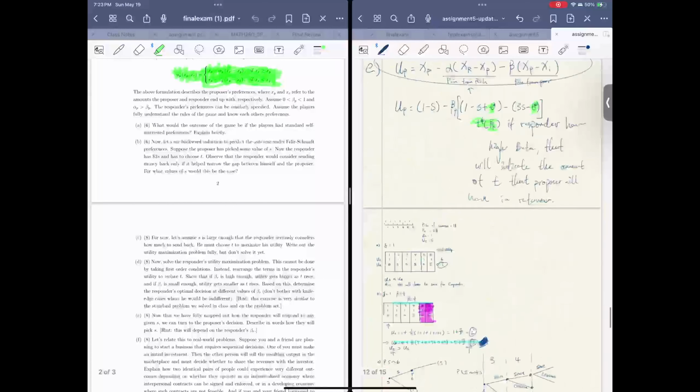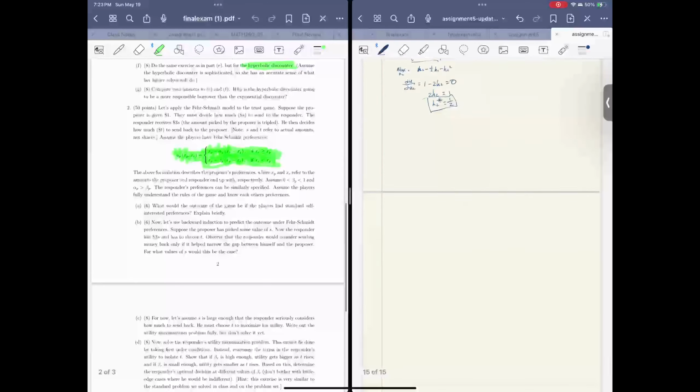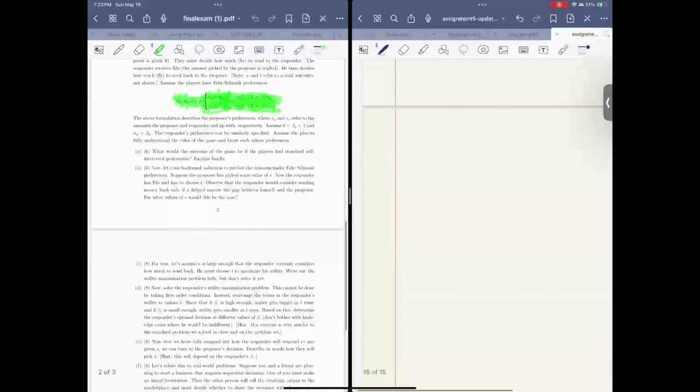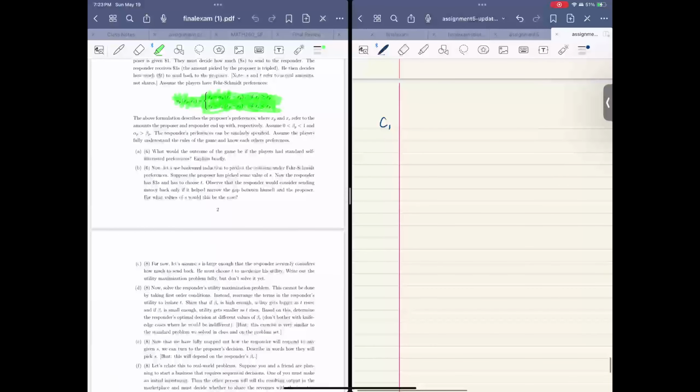Okay, so for C: for now, let's assume S is large enough that the responder will seriously consider how much to send back. She must choose T to maximize his utility. So write out the utility maximization problem fully, but don't resolve it yet.